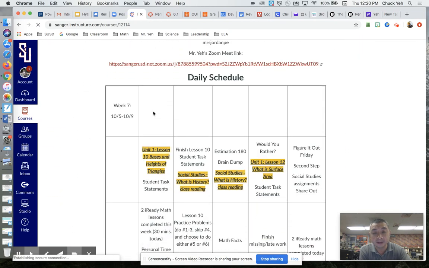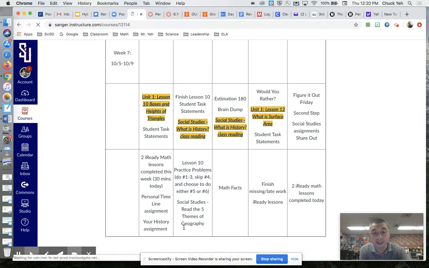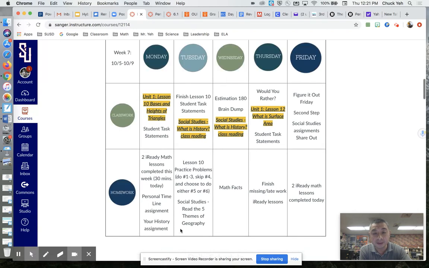Look at your calendar. What you have. Make sure that you're doing that. Some of us still need to do two assignments in social studies. So finish late work and work on your iReady lessons today. And make sure you have everything done in ELA and science.